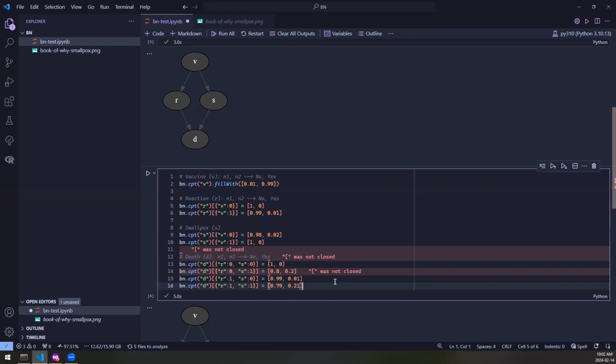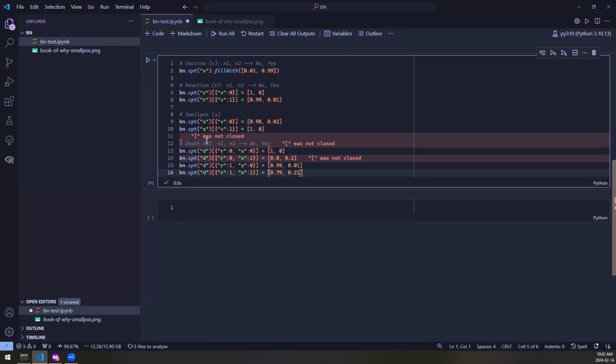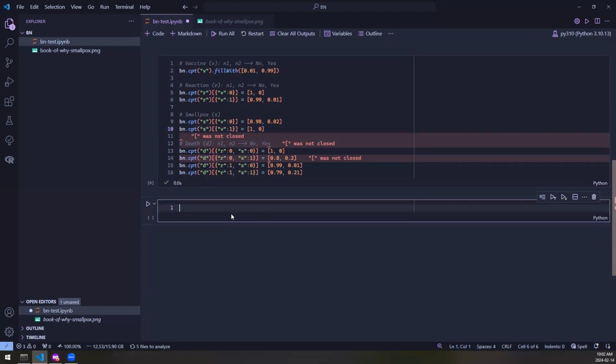So let's run this code. Okay, so just run. Although Visual Studio Code is still insisting on having these brackets closed, everything, as you can see, is right. PyAgrum has a very interesting feature where you can take a look at some variables or some CPTs after you build them. So let's take a look at the CPT, for example, the smallpox one.